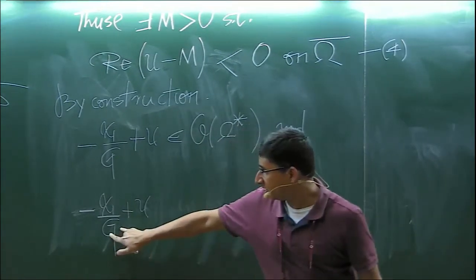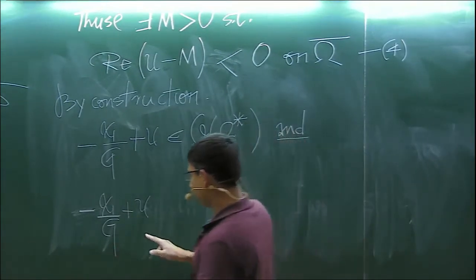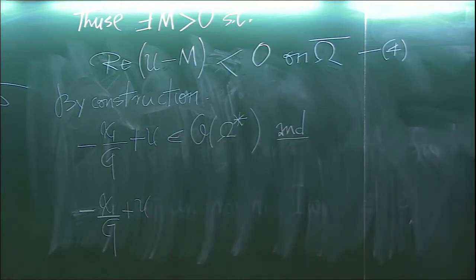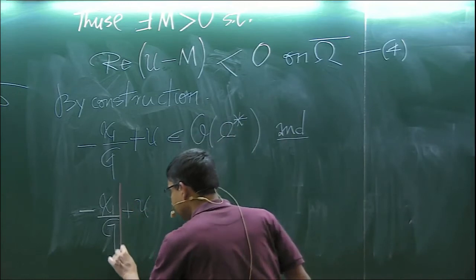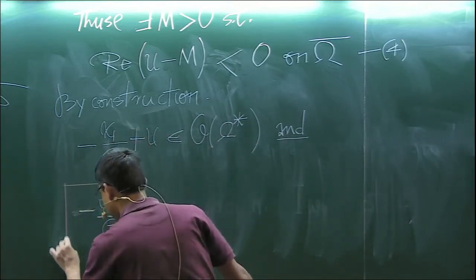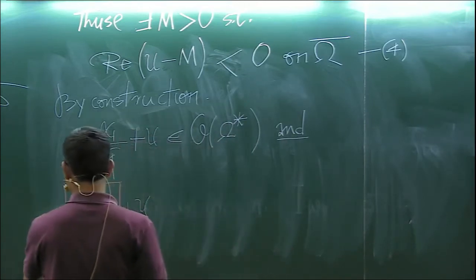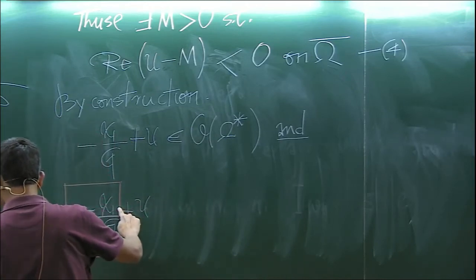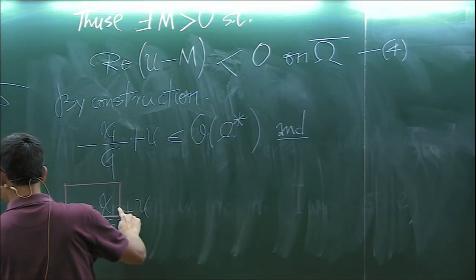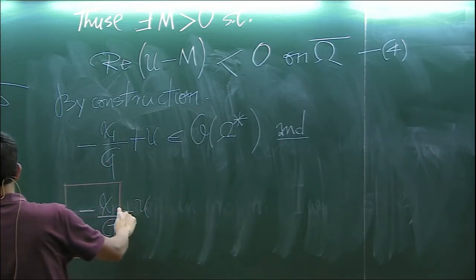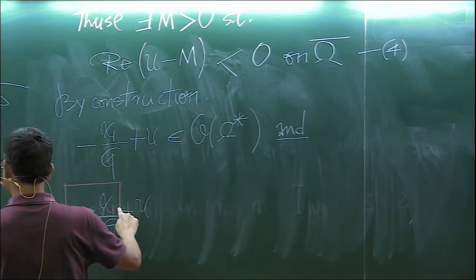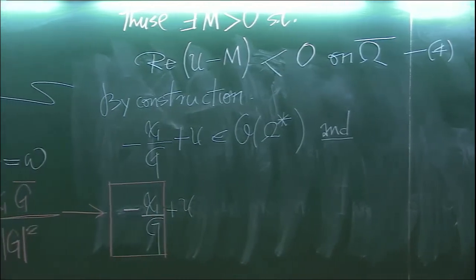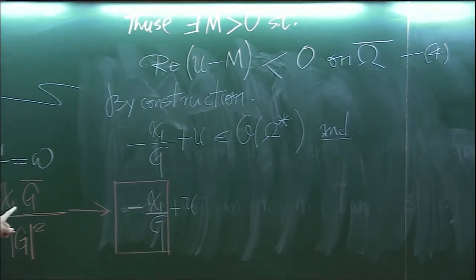So now, let me do the following. There's a way of writing this chi1 over g. Everyone is familiar with this. I can write this as mod of g squared times minus chi1 times g conjugate. Now remember what g was.